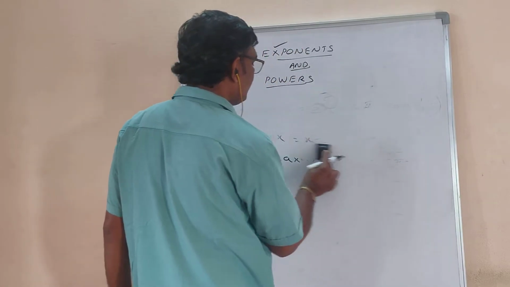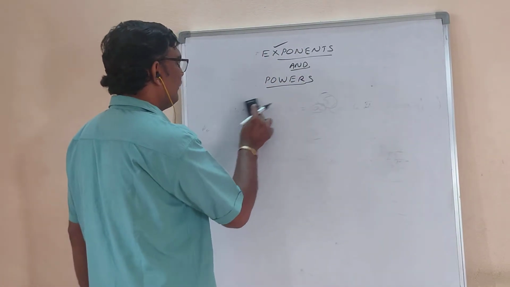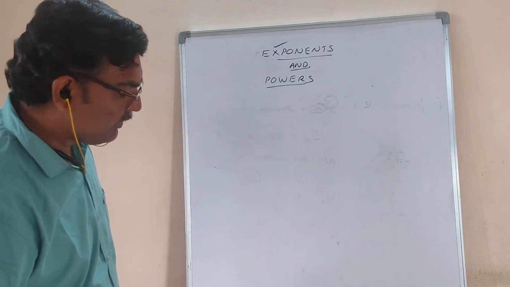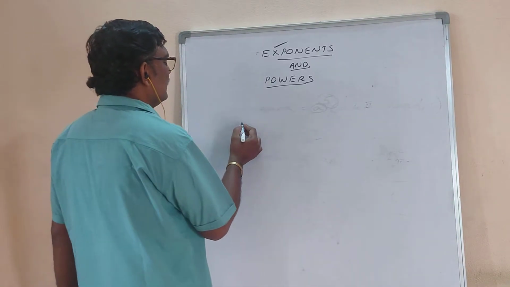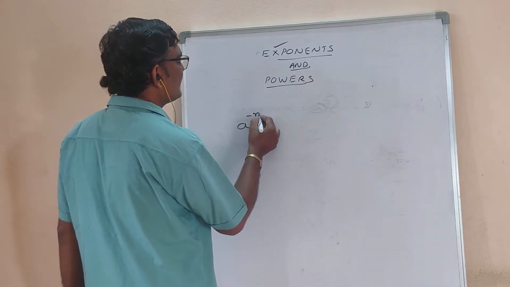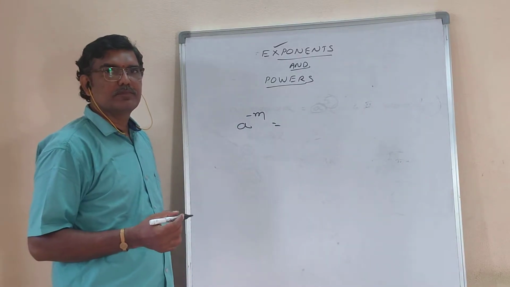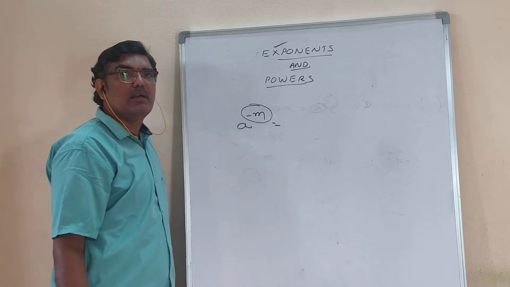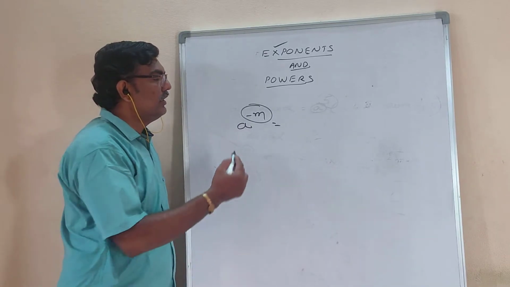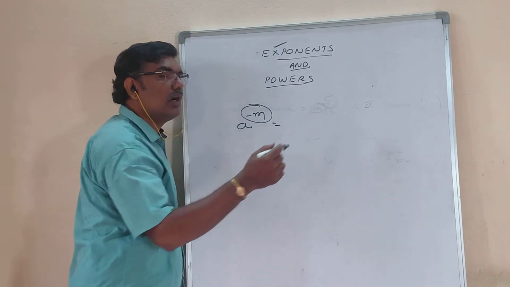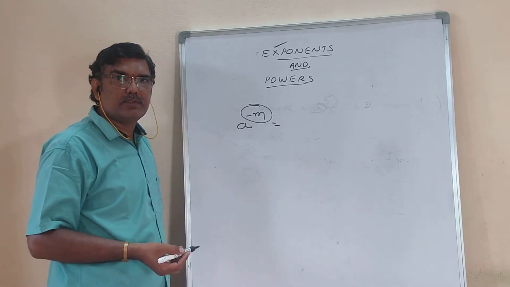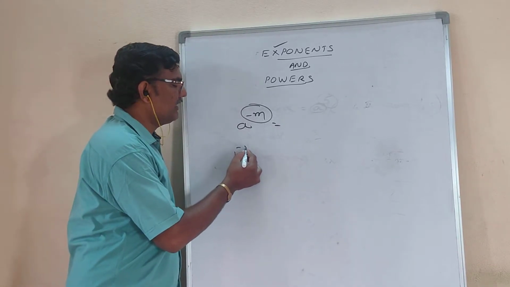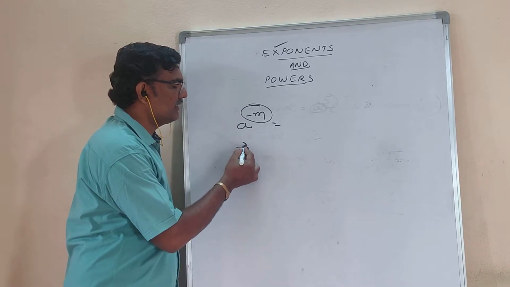Next, some formulae. It is also one formula. So a to the power of minus m. In the exponent or power, which symbol do you have? Minus symbol. You can't write a minus m times. See, x power minus 3 is there.